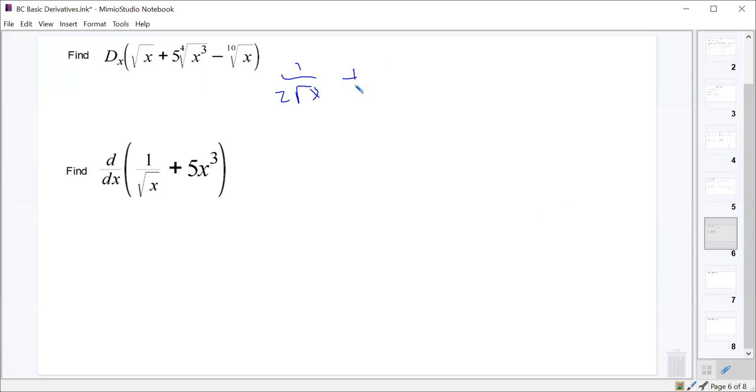So that ought to become plus 15/4 x to the negative 1/4. And this last one should become minus 1/10 x to the negative 9. All right. Good. Everybody good?